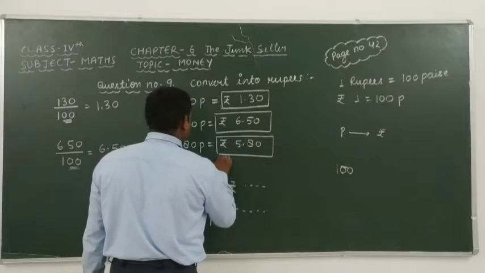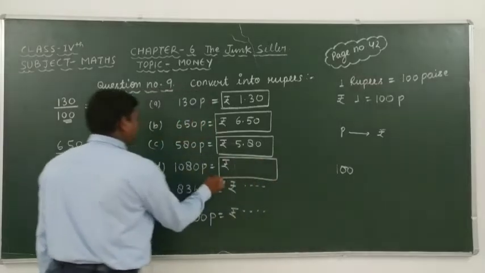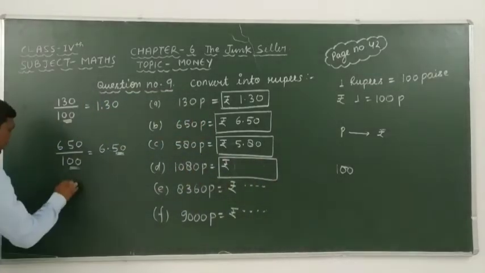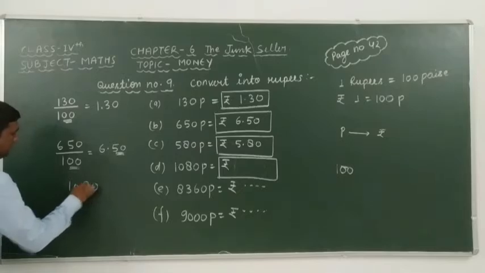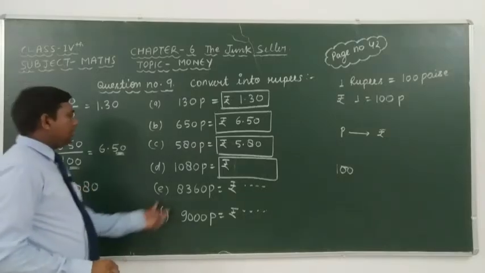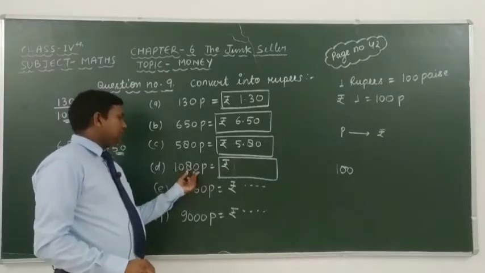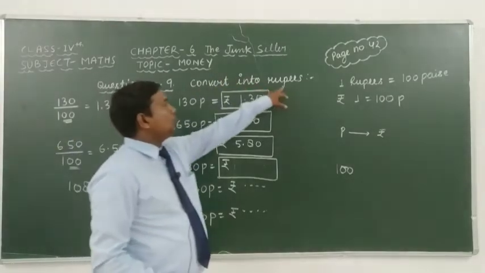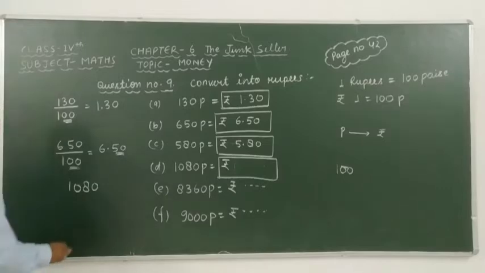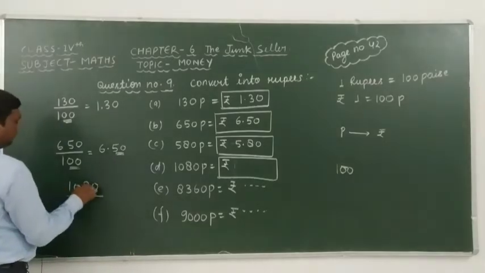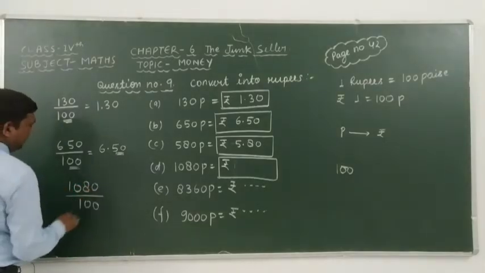Similarly in this question, given 1080 paise, if we have to convert 1080 paise into rupees, then we have to divide 1080 by 100.